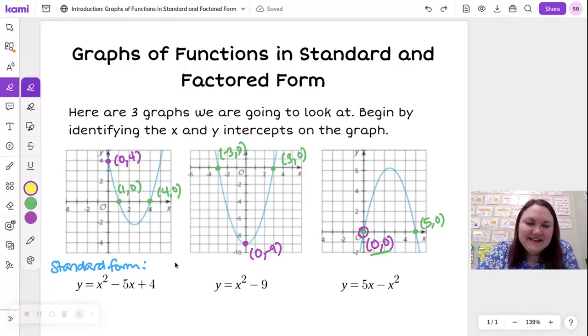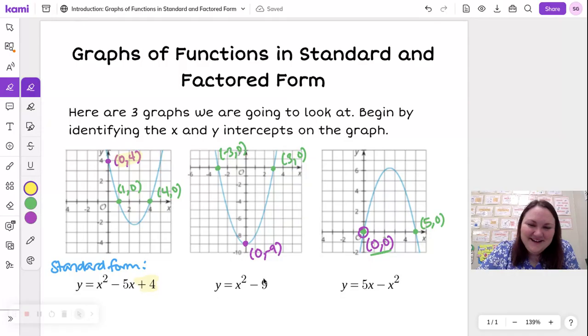When we look at standard form of equations, there are connections you can make between these equations and the y-intercepts. So for example, a y-intercept of 4, -9, and 0. All of those y-intercepts we can see in standard form by looking at the constant. For this first one, our constant is a positive 4, and my y-intercept is a positive 4.